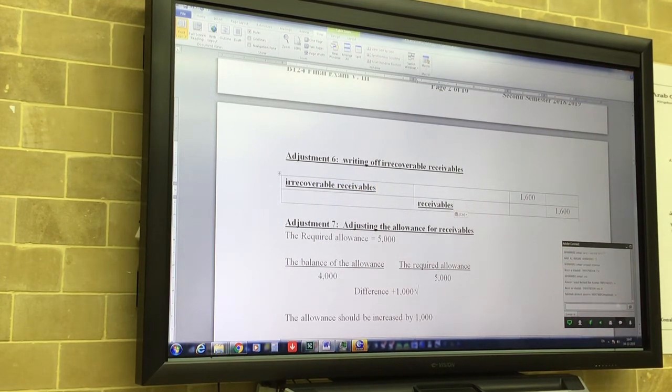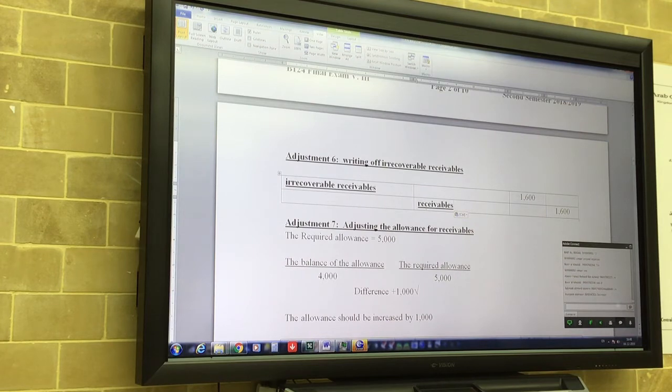So bad debt means you will decrease or increase receivables? When you prepare this adjustment entry, what's the effect on your receivables? Decrease, exactly. So we need to know, class, all adjustment entries will affect the balance sheet and the income statement.